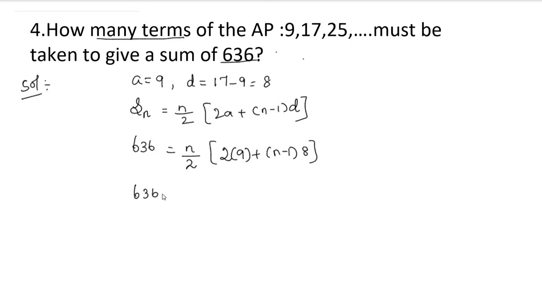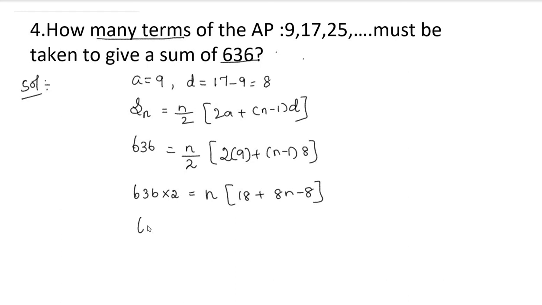636 into 2 is equal to, because division by 2 becomes multiplication by 2 when it goes to that side, n into 18 plus n into 8, 8n, minus 1 into 8, minus 8.